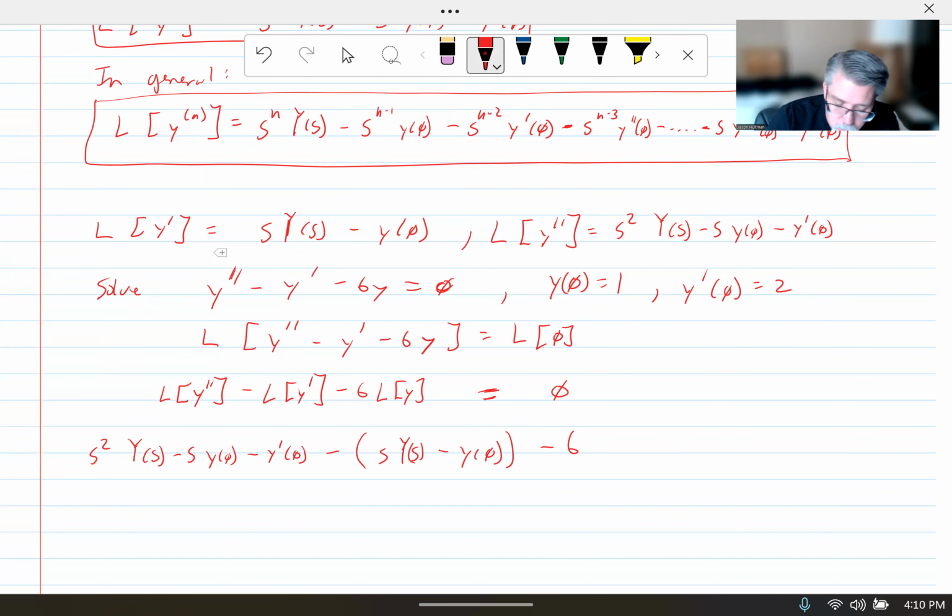Well, what's L of y? That's just y of S, we're calling it the Laplace transform of y of S. So that's y of S is equal to 0.